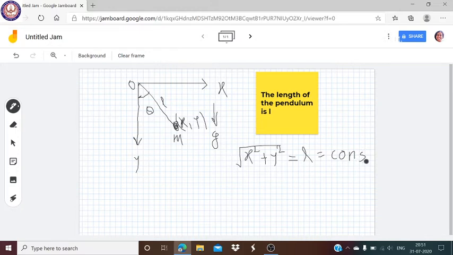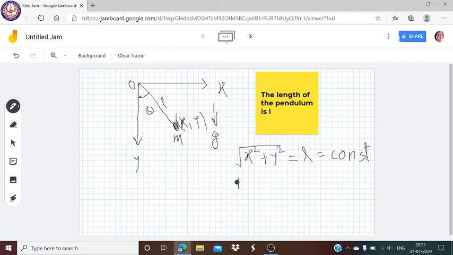So initially the degrees of freedom was 2, since the simple pendulum we are considering is in two-dimensional Cartesian coordinates and we need two coordinates x and y to specify the position of the bob. But since we already have a constant L, what will be our degrees of freedom?